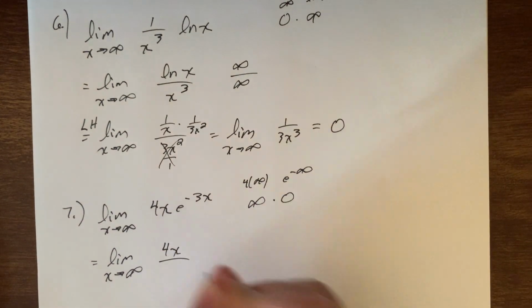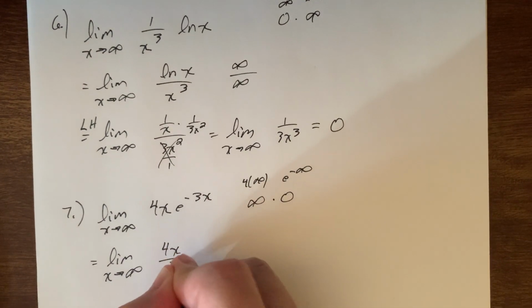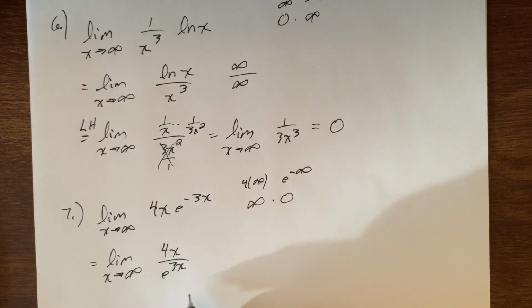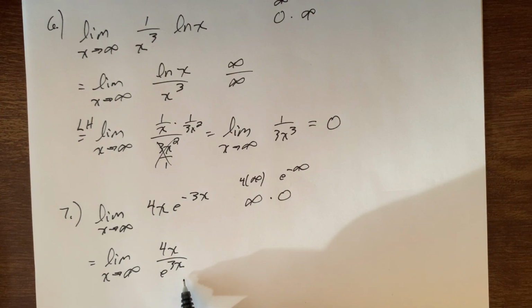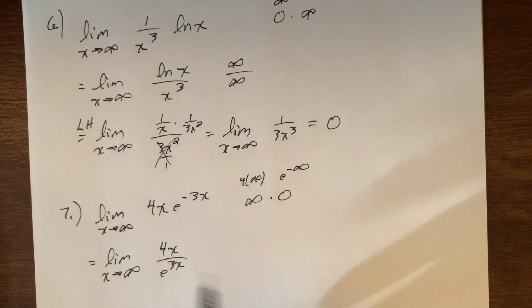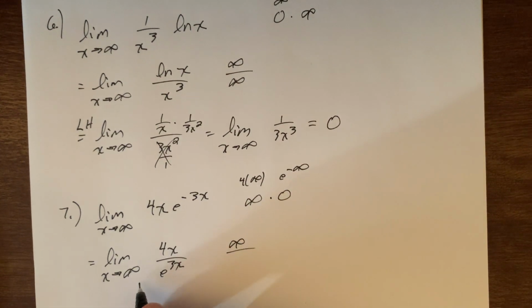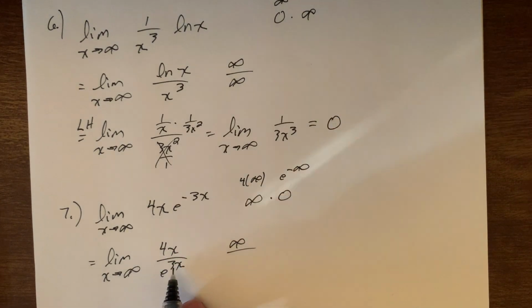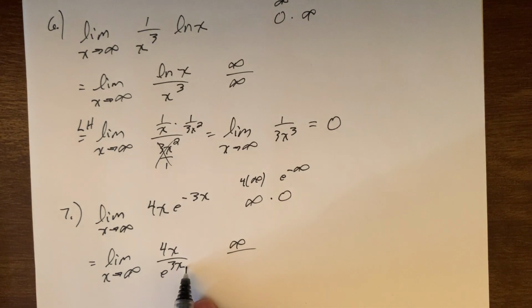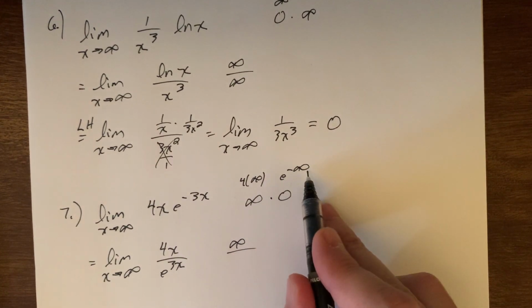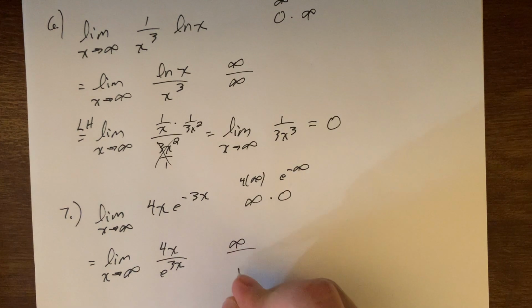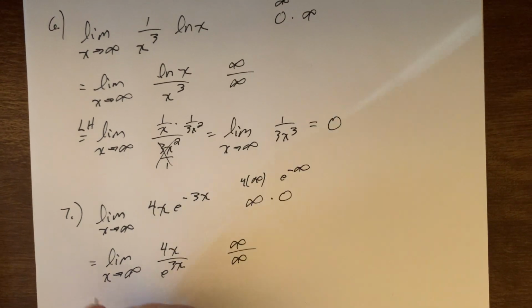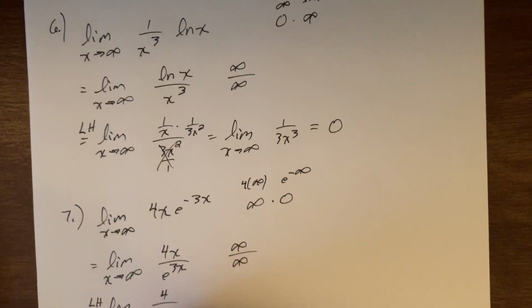I'm leaving the 4x alone, but I'm shifting the e to the bottom, and now it's e to the positive 3x. Try and take my limit as x goes to infinity. 4 times infinity is infinity. Now it's e to the positive 3 times infinity. So I'm not getting e to the negative infinity this time. I'm getting e to the positive infinity, which is infinity. Now I can apply L'Hopital's rule.